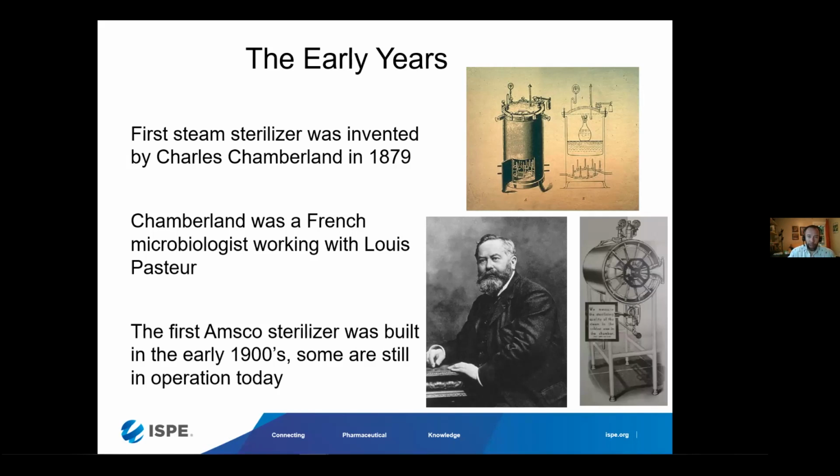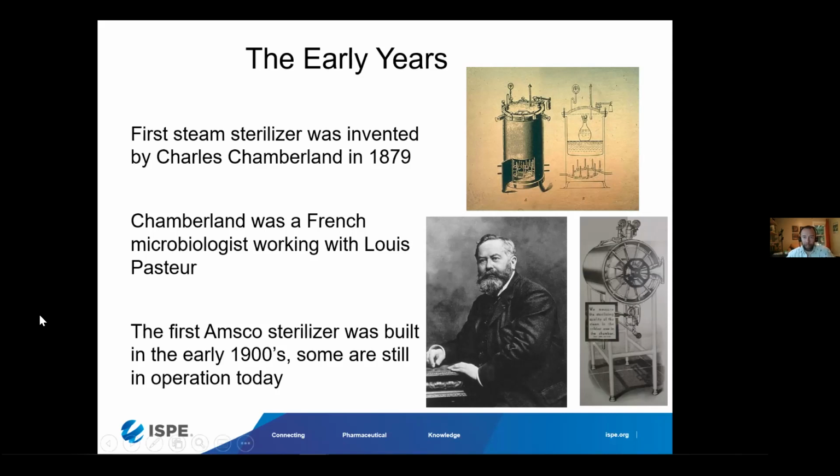So this has been around a long time. The science is not new, and really not much has changed with regards to the science since the late 1800s and early 1900s. And I bring this all up just to transition here. The first AMSCO sterilizer was built in the early 1900s, and AMSCO is now called Steris.